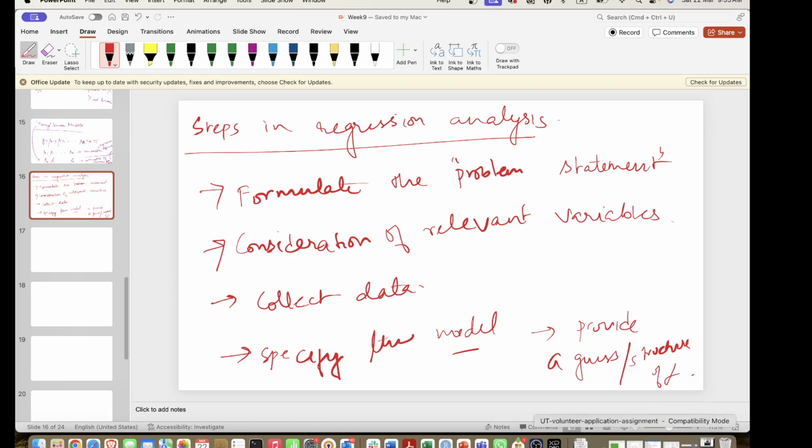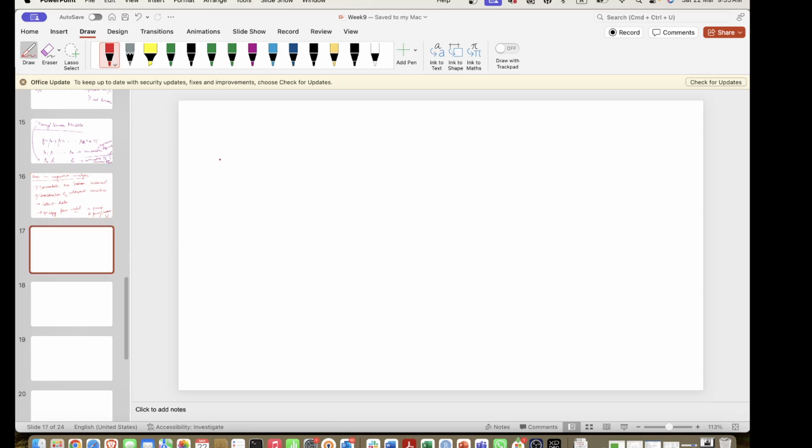Okay, so once I have some assumption of the model, the next goal would be to fit the data as per assumption.